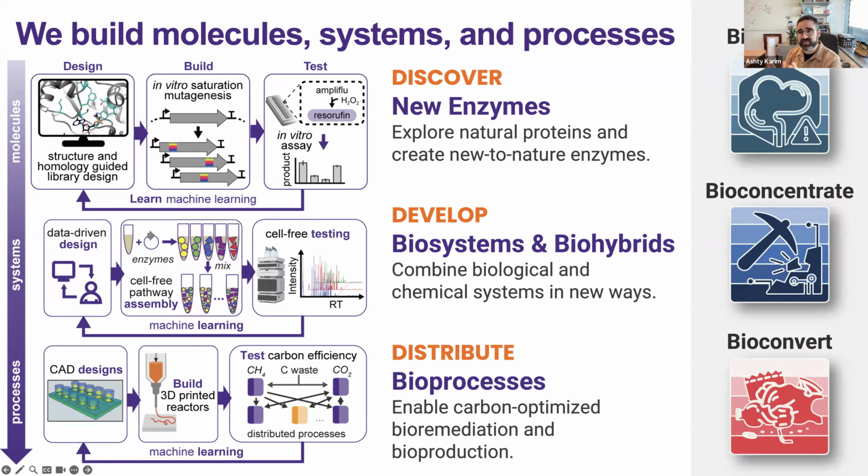How do we take biological systems and merge them with electrochemistry, photochemistry, and others? And then how do we use the end goal in mind? So if we're going to create a bioprocess that operates at a small scale but regionally distributed, that actually changes our engineering objective at the molecular scale of what proteins we might want to make.